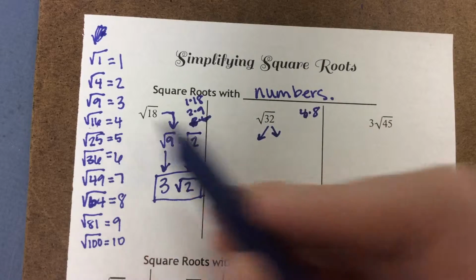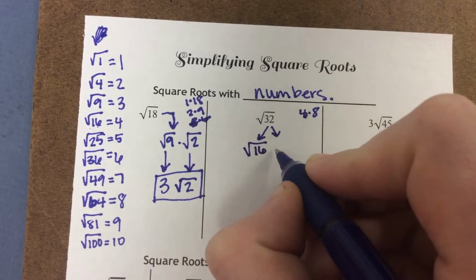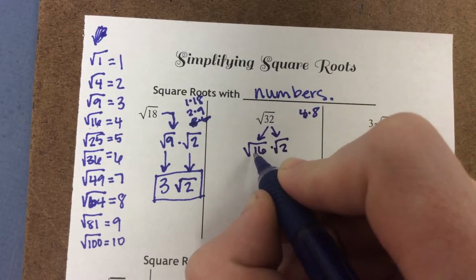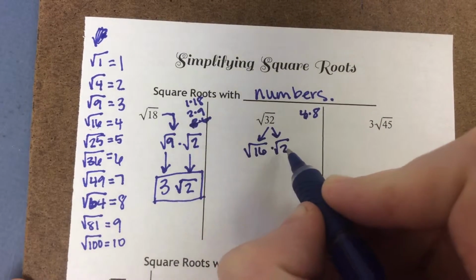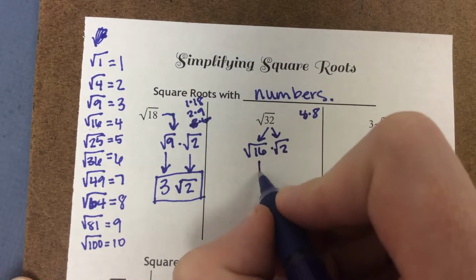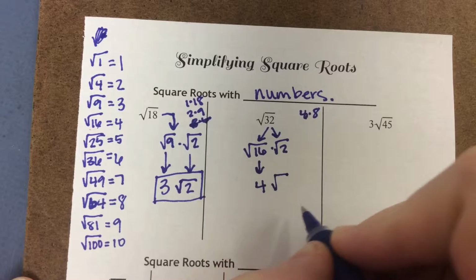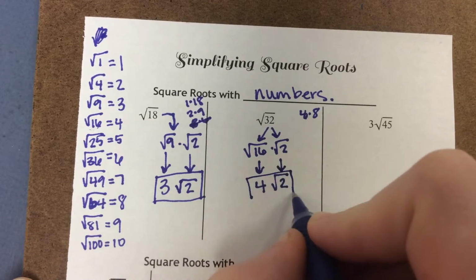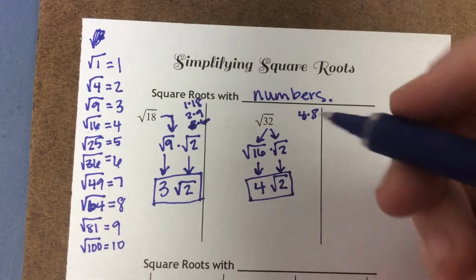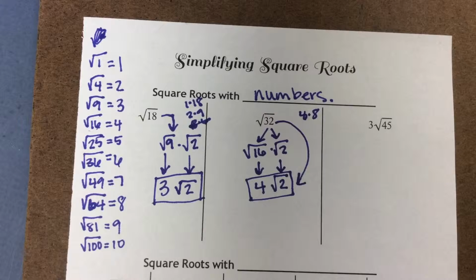How many times does 16 go into 32? 2 times, okay? So we can do the square root of 16 times the square root of 2, which would give us the square root of 32. What's the square root of 16? 4. What's the square root of 2? It's messy, so we're going to keep it as a square root. So the square root of 32 simplifies to be 4 square roots of 2.